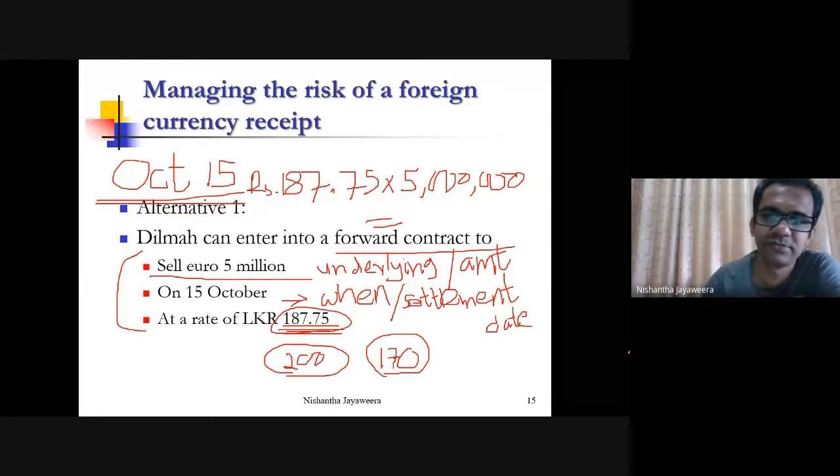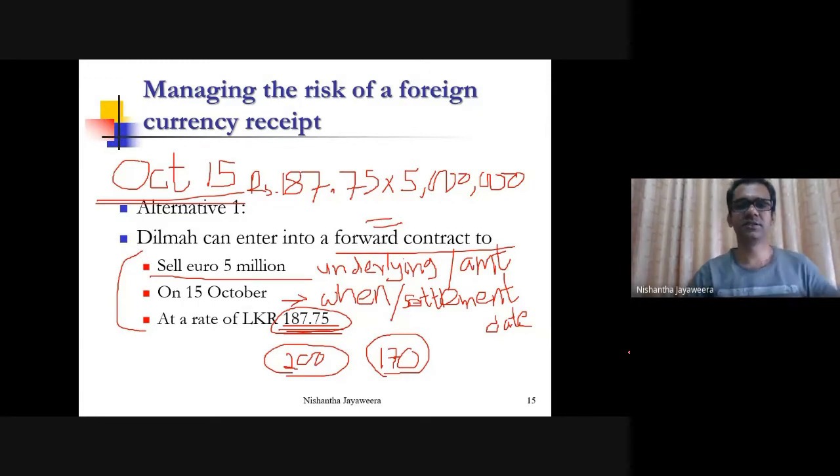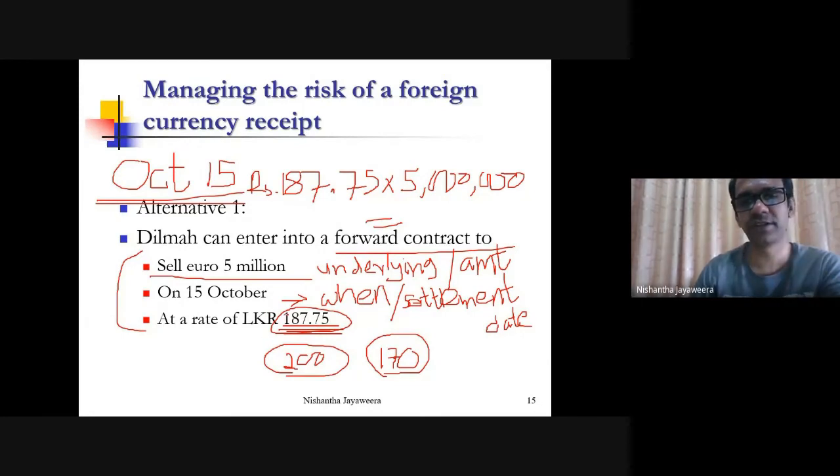The only thing you have to make sure is whether this pricing is correct, whether this is the price prevailing at the time when you entered into the contract. If it is fairly done and you took a decision to hedge your risk, then you can't blame anyone.